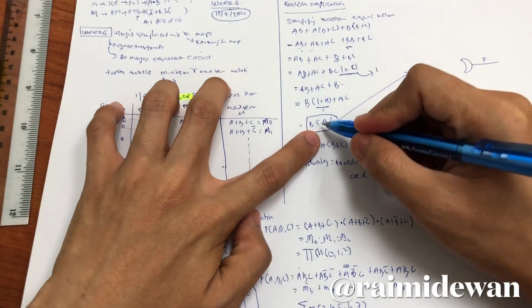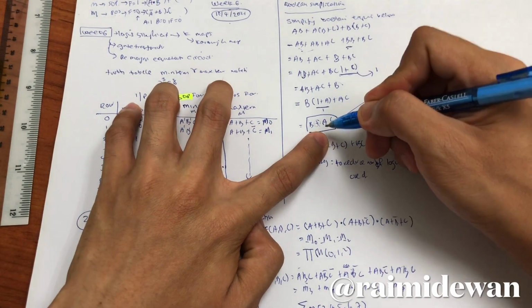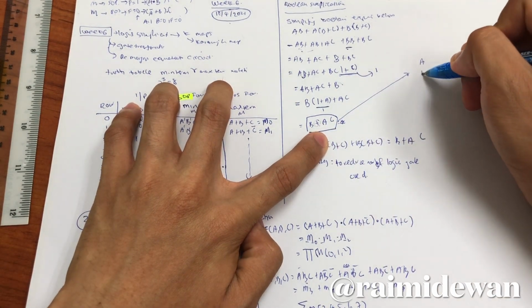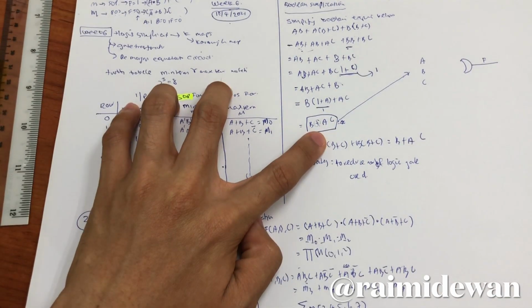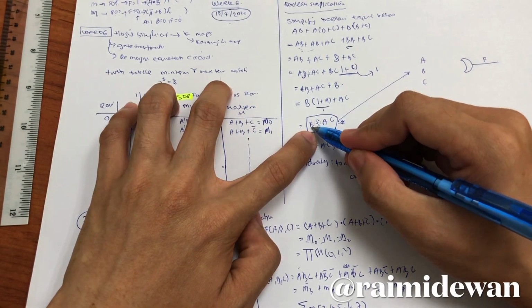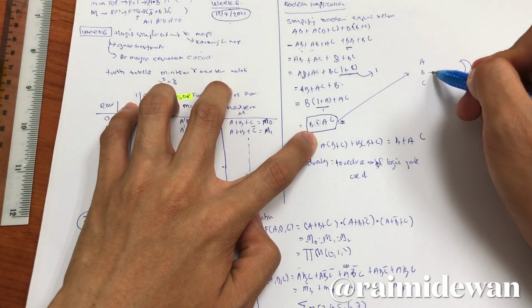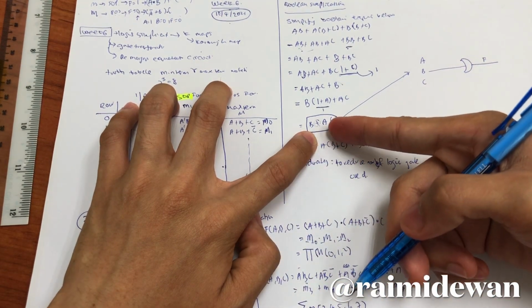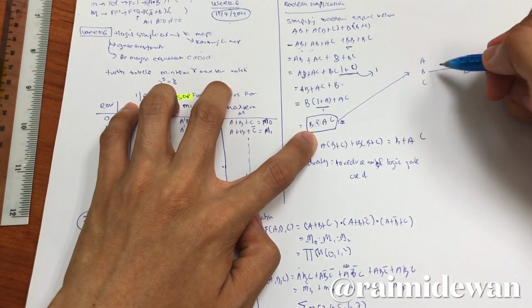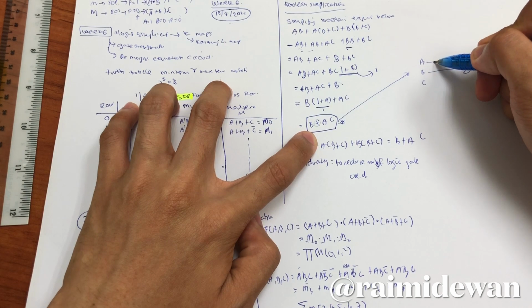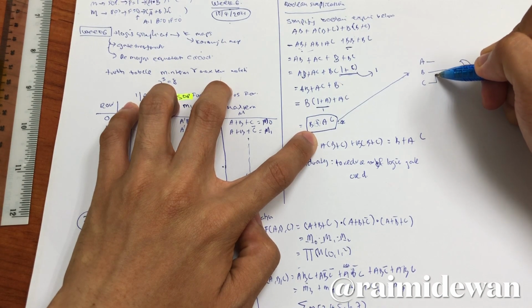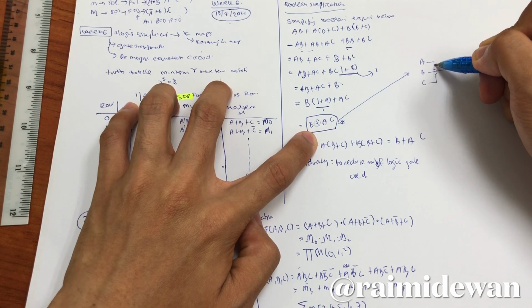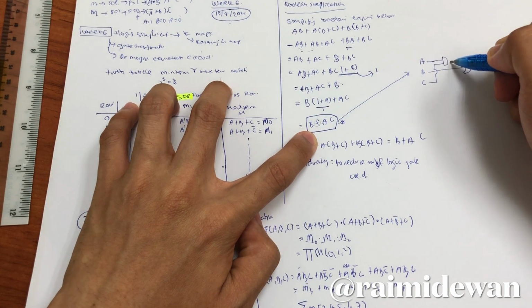Okay, then you know you have 3 possible input, which is A, B and C. Okay, the first one is only B, direct. Okay, and the second one is A dot C, A and with C. So you have here and you have here, and you connected to OR, then it goes to here.